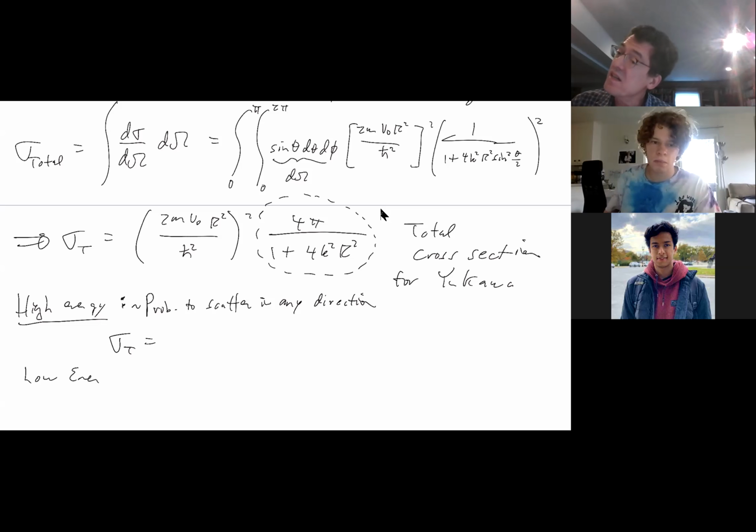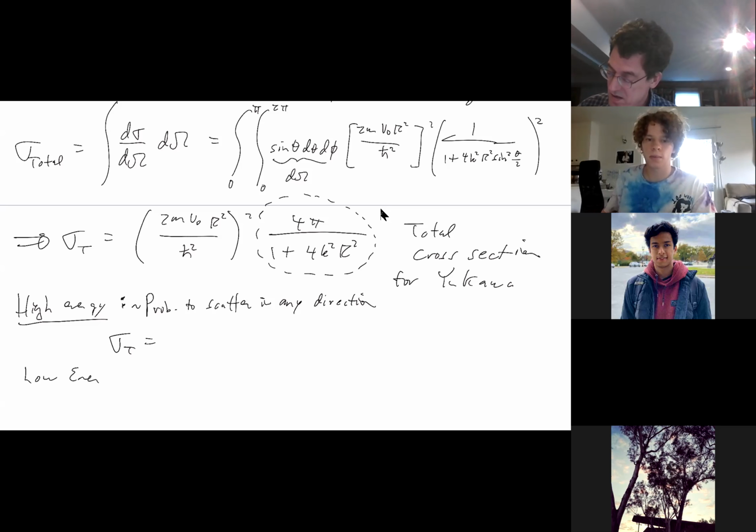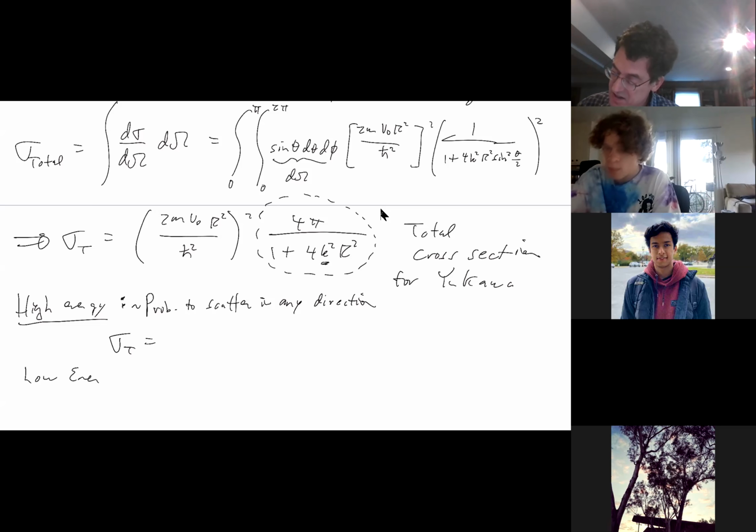Well, at high energy, this k squared dominates. There's no theta dependence here. If you look at this formula, at high energy the k squared dominates, and so the whole factor goes to what?